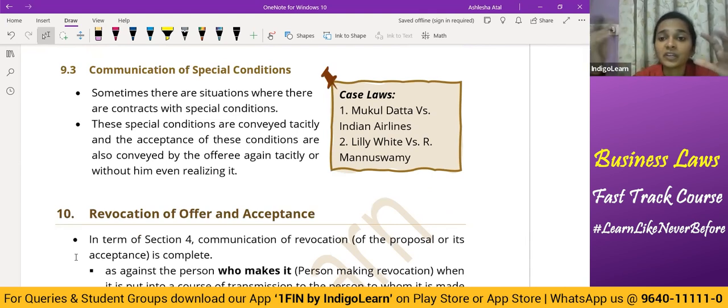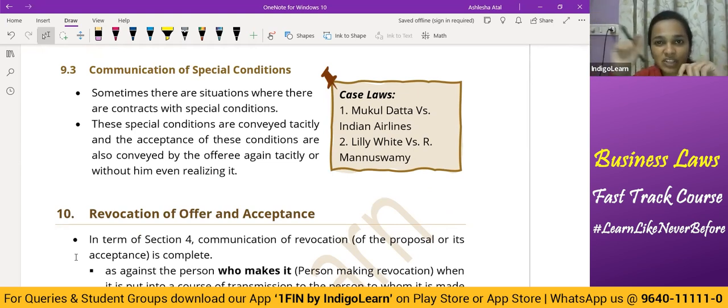fly or whenever you are traveling by rail, there are certain terms and conditions written on your flight ticket, on your rail ticket, which we do not even bother to read, right? We do not bother to read those asterisk marks, those small terms and conditions which are stated, and that's where the problem arises.